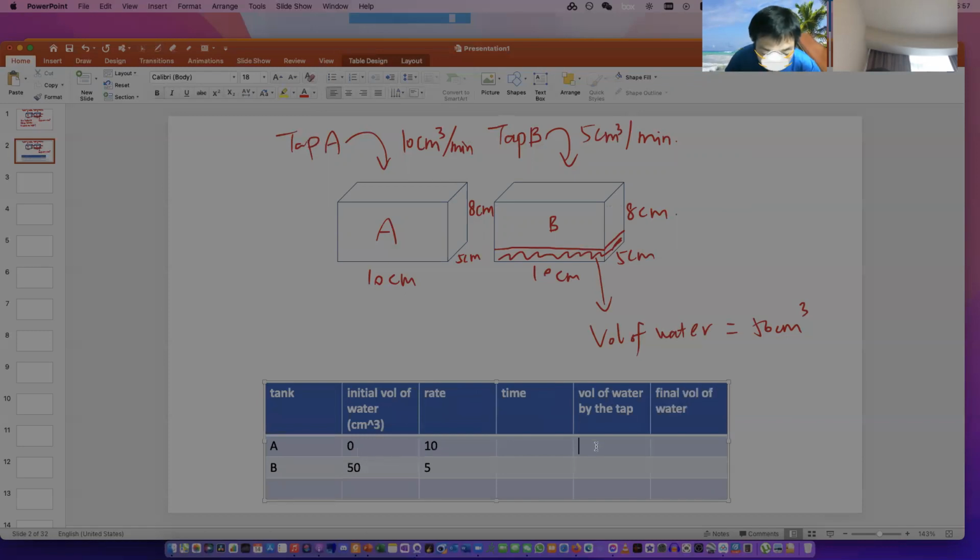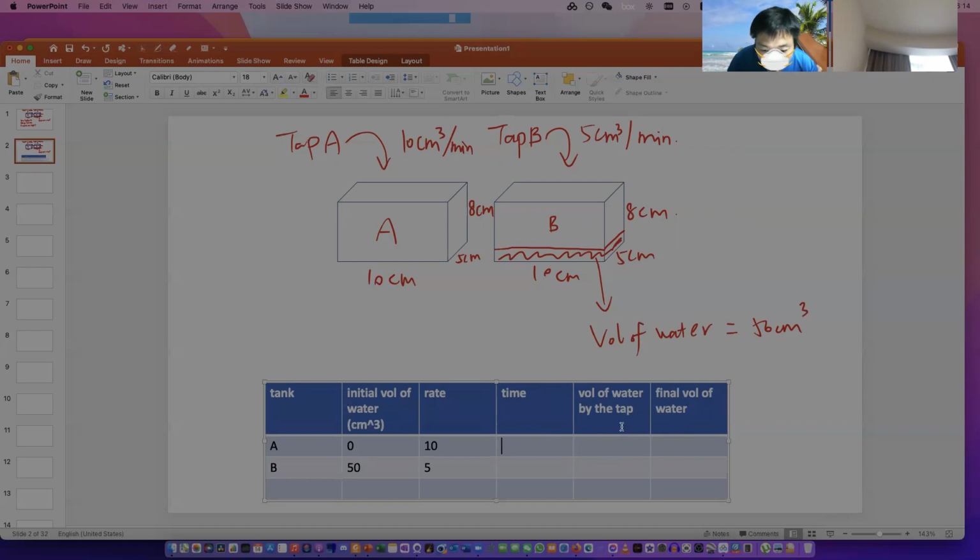So first thing first, do you understand why I put the headings as such? Do you have any question on the headings? No. Okay.